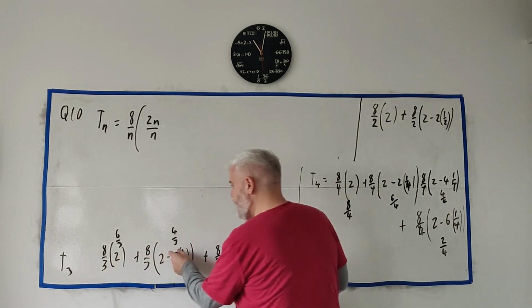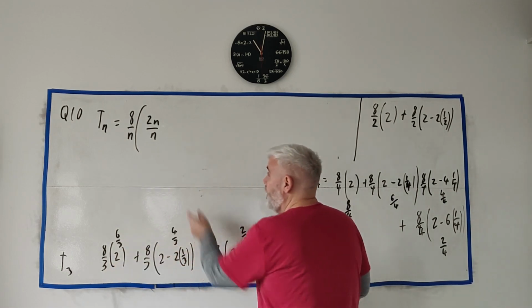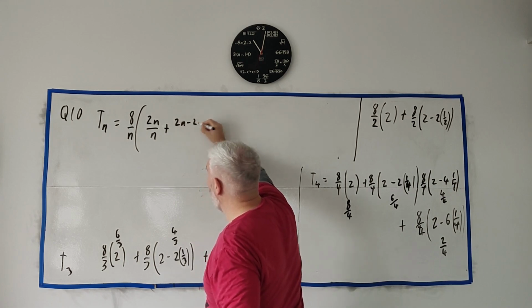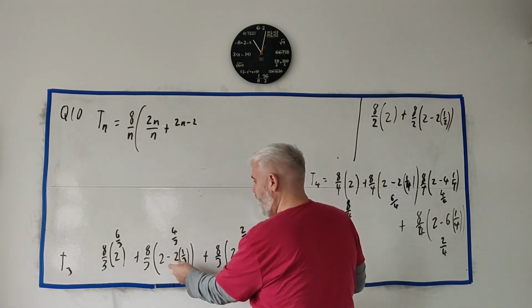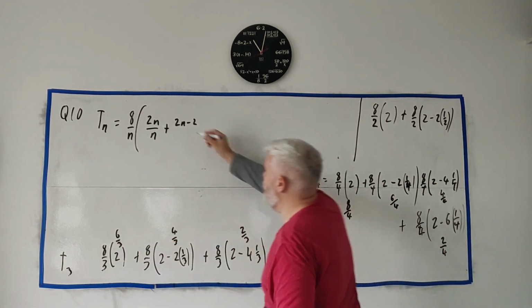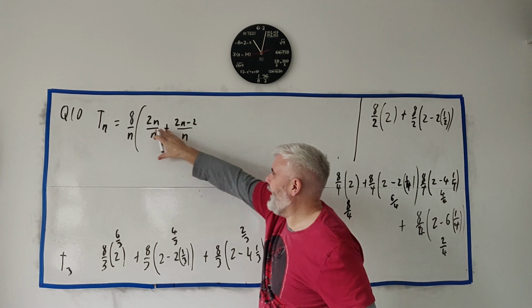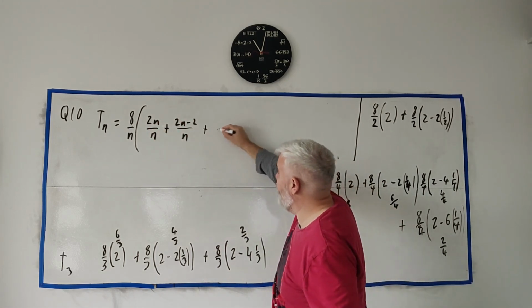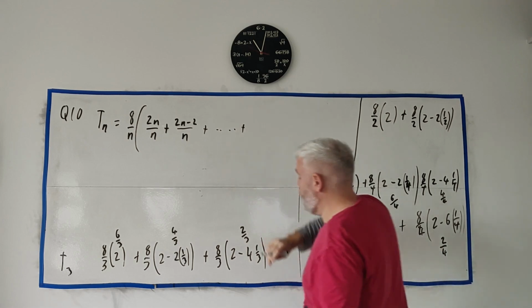The next term just seems to be 2 less than that, on the top row at least. So the next term just seems to be 2n take away 2. 6 over 3, 4 over 3, 2 over 3. That's why I added in this 2n, otherwise it might look a bit messy. And this just continues on forever until the last 2 terms.